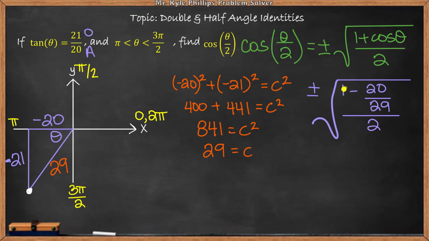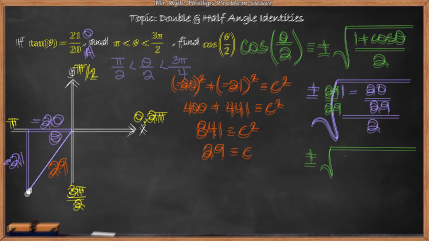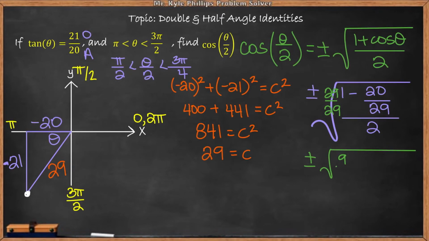So instead of 1 here, I could make this 29 over 29. Now we have common denominators, and 29 minus 20 is just going to be 9. So we have the square root of 9 over 29, divided by 2.